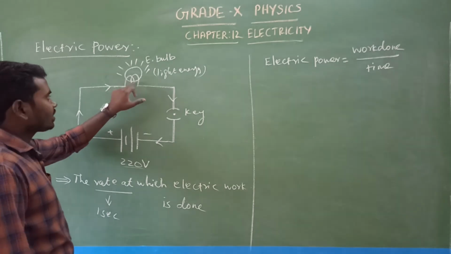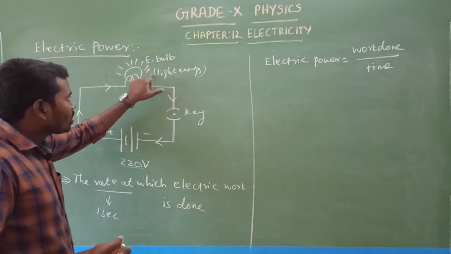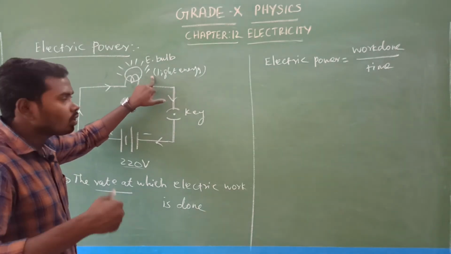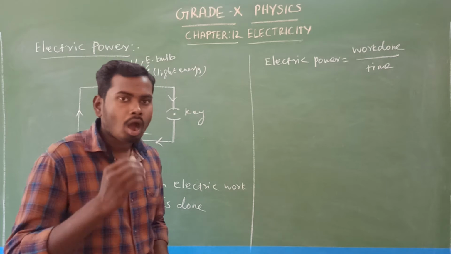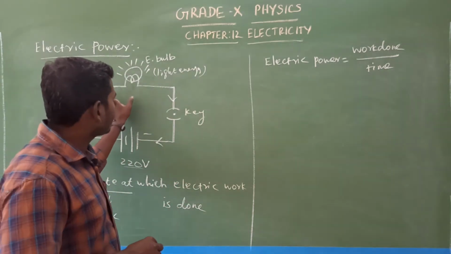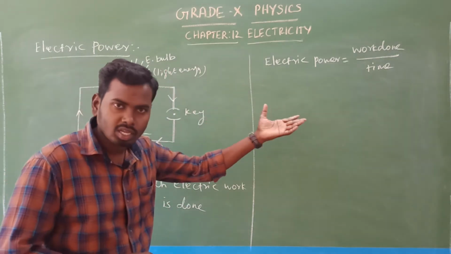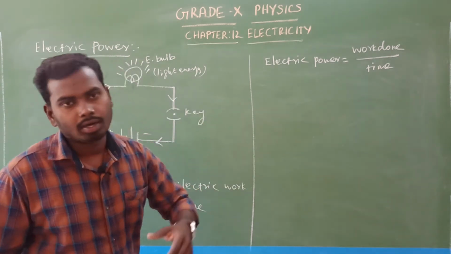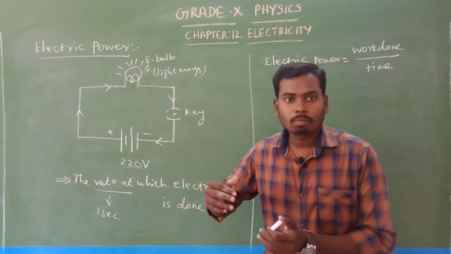Look at here. This electric bulb consumes the electrical energy and converts this electrical energy into light energy. Per second, how much electrical energy is converted into another form of energy, which means light energy? That is also called power, power in terms of energy.